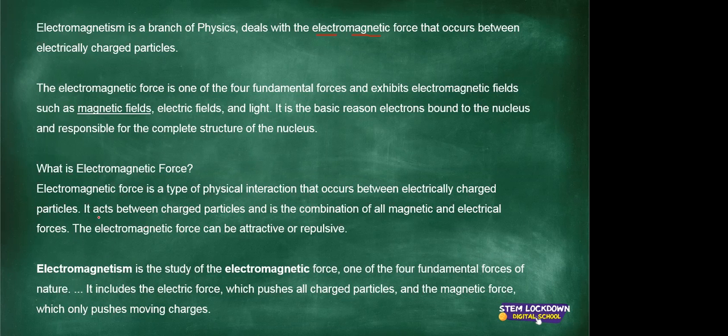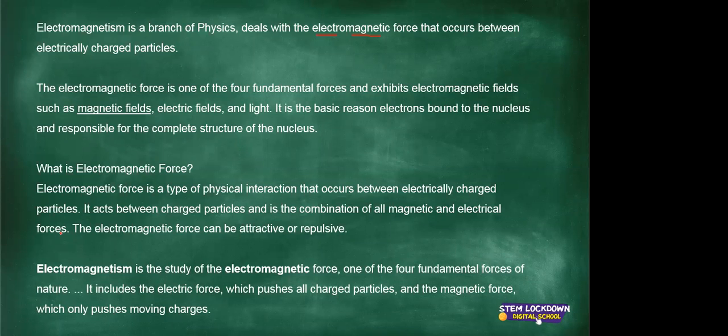It acts between charged particles and has a combination of magnetic and electrical forces. You can also say that it has attractive forces and repulsive forces, where like poles repel each other and unlike poles attract each other.